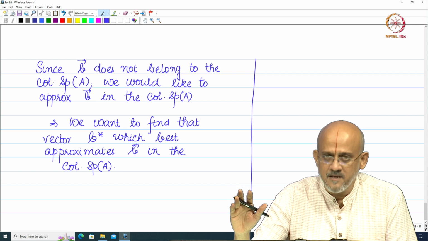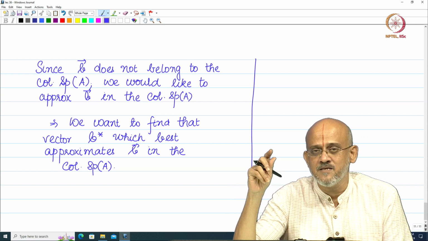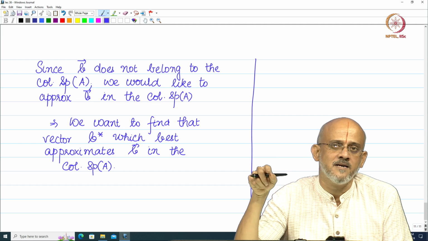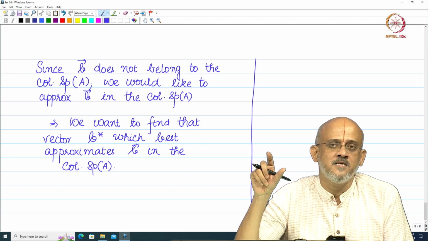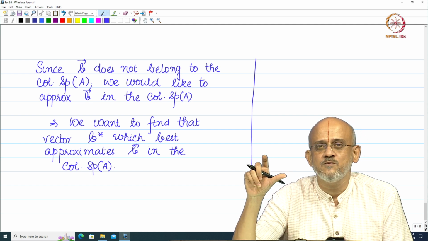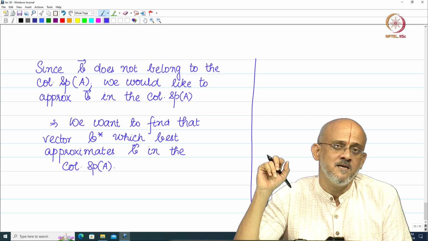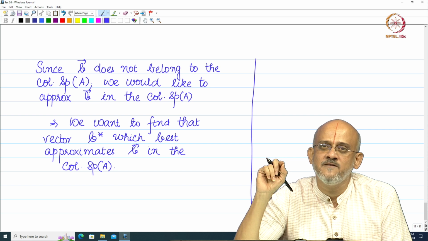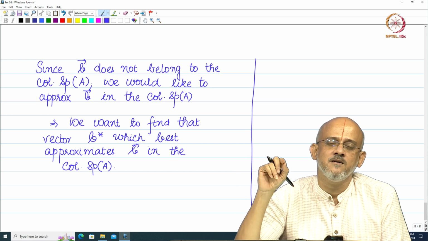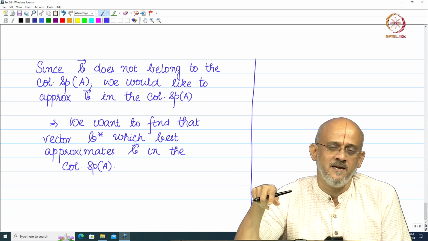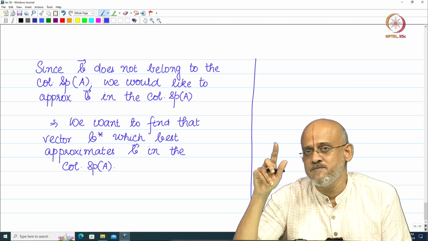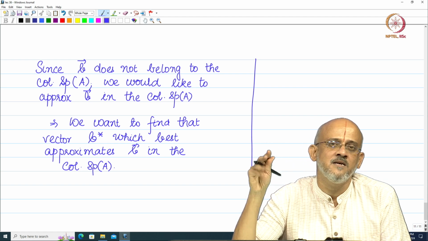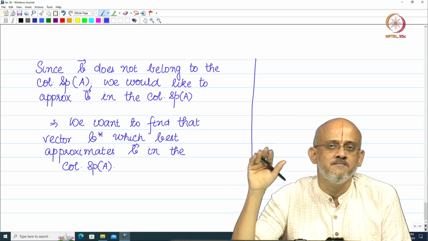So we want the squared difference between the original B vector and the representative of B in the column space of A to be minimum. That means we want to find the x value which gives me that B star in the column space of A such that the squared difference between the original B and B star is minimum.